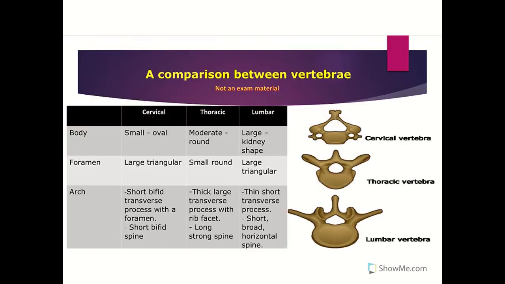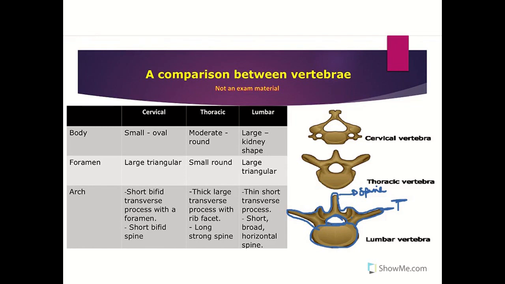As you can see here, this is the body of the vertebra, and this is the arch of the vertebra. Between the body and the arch, this is the vertebral foramen for passage of the spinal cord, and the arch itself contains 7 processes. 2 of them are transverse processes, 1 is the spine, and 4 are articular processes: 2 superior articular processes, and inferior articular processes, they are 2 as well.